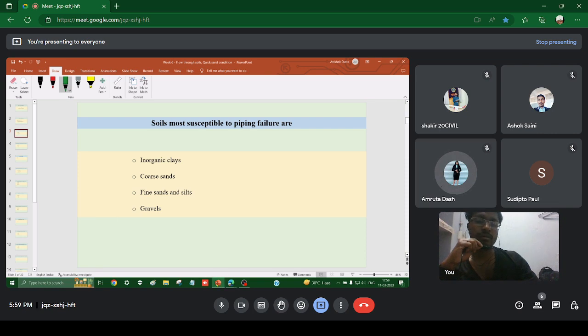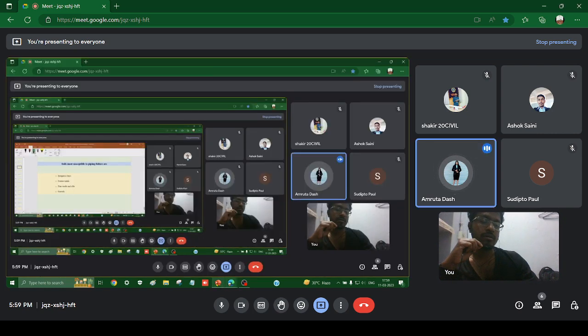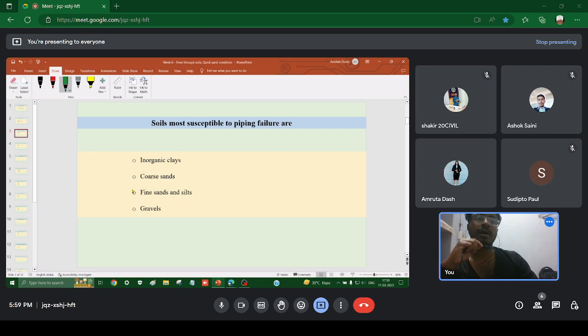Coarse sand, the path will not be found, because the path will be broken by discontinuity in the pore spaces. Again, the same for gravels, it will not happen.